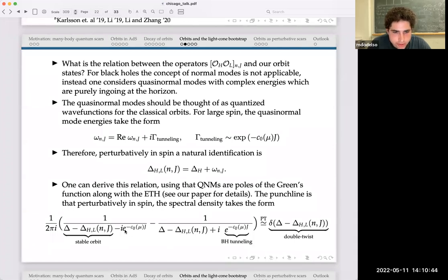And here the imaginary part of these is non-perturbative in spin. But this is a continuum of states because it's a resonance. However, if we work perturbatively, we get a delta function in the spectral density, at exactly the dimensions of the double twist operators. So the way to think about it is that these double twist operators are not actually energy eigenstates, but it kind of emerges in the perturbative limit.